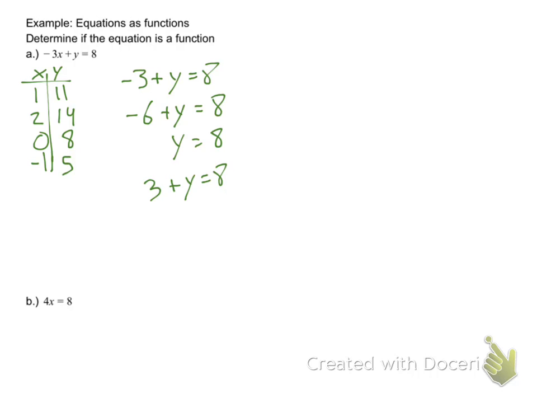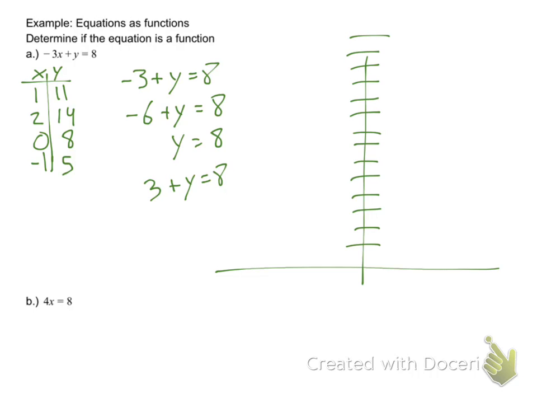So, graph them. (0, 8) would be the easiest one. (2, 14), I think I made that all the way up to here. (1, 11). And (negative 1, 5).